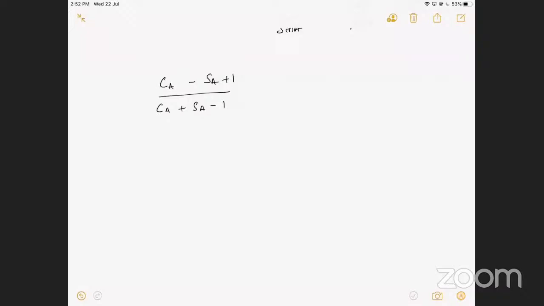Yes, this is the question. You're dividing the numerator and the denominator with sin A, right? Yes, sir. It is cot A minus 1 plus cosec A upon cot A plus 1 minus cosec A.